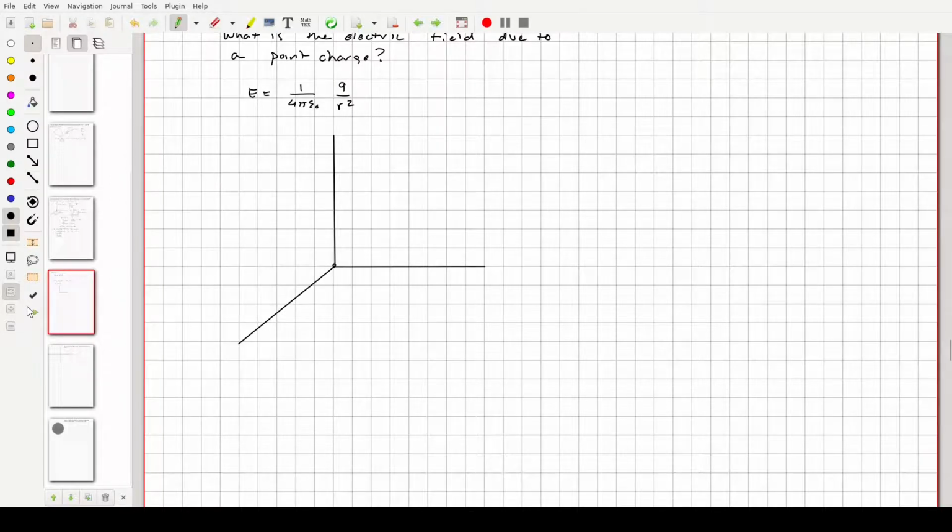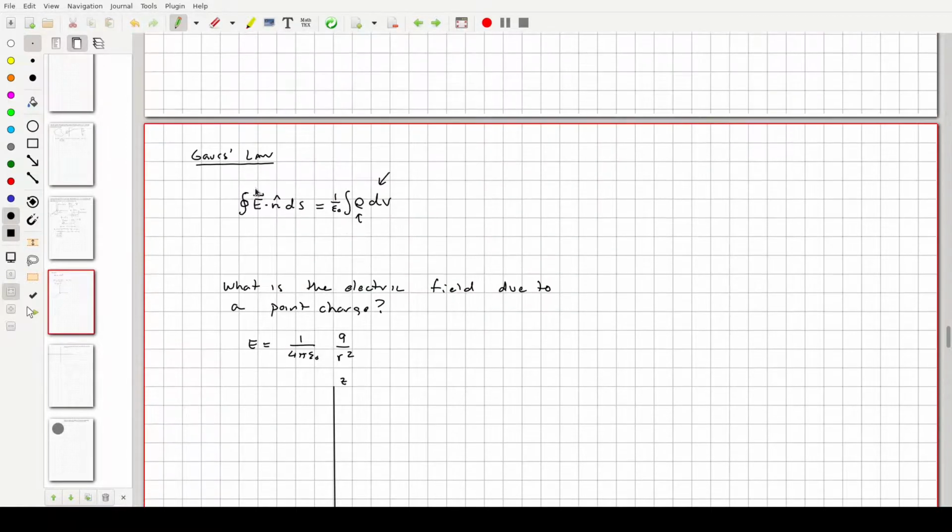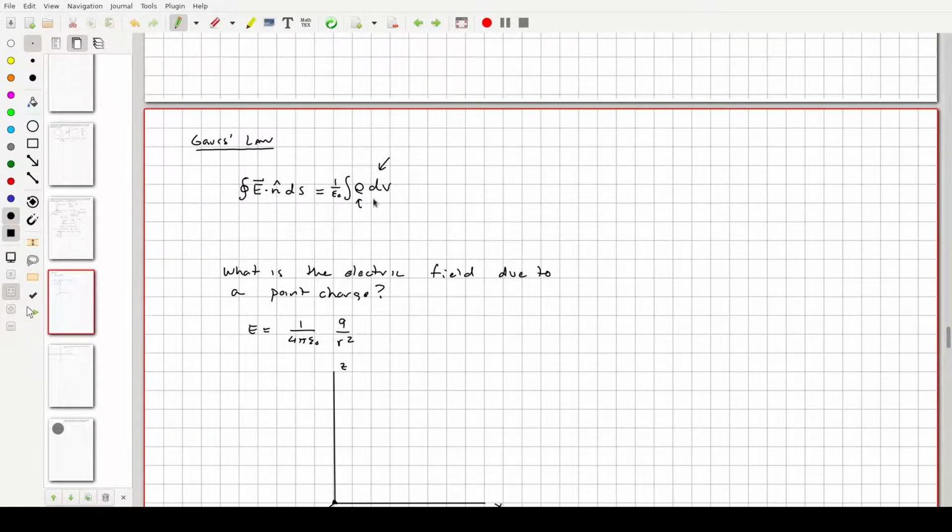So, here's my charge Q that sits at the center. What I want to do is draw what we call a Gaussian surface. It's just a fake little surface that we draw that best embodies the symmetry of the electric field that we expect.